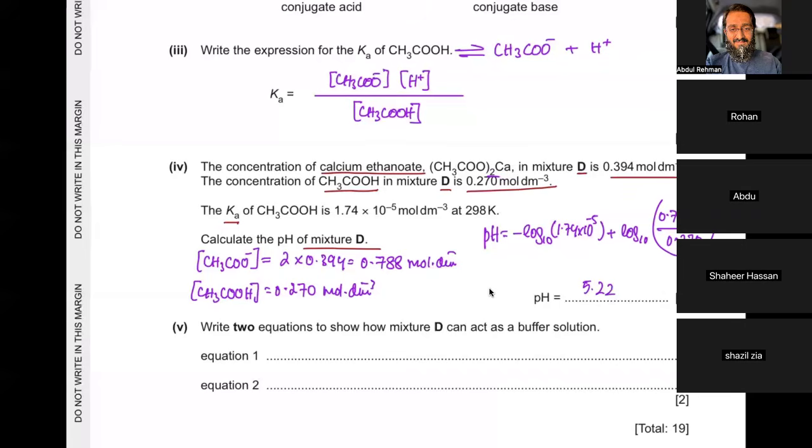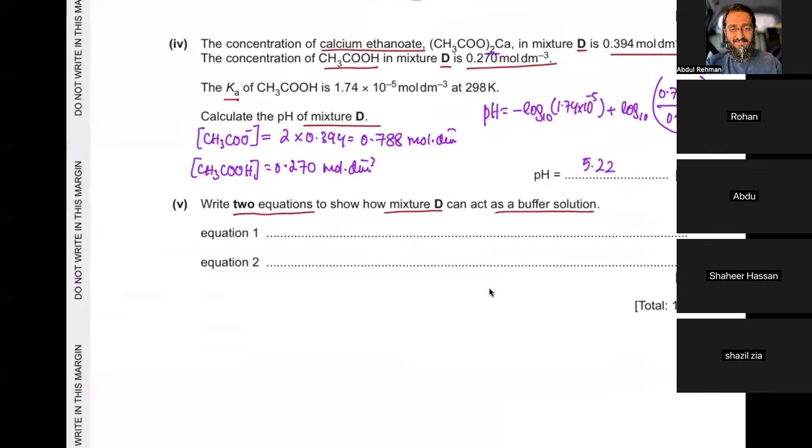Write two equations to show how mixture D can act as a buffer solution. One you are going to use by adding acid. So acid is a hydrogen ion. The conjugate base of the buffer, which is CH3COO negative, uses up these hydrogen ions to control the pH. No excess hydrogen ions are there, so no increase or decrease in pH.